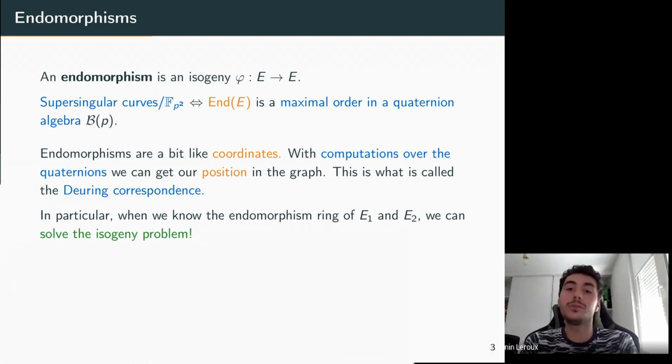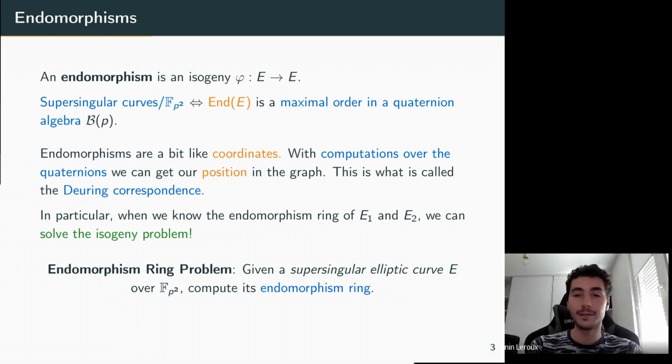Using computations over the quaternions that I'm not going to explain, we can essentially get the position in the graph and play around the graph using the quaternions. This is what we call the Deuring correspondence. In particular, one very interesting thing is that when we know the endomorphism ring, so the position of my two curves, E1 and E2, then I will be able to solve efficiently the isogeny problem between them.